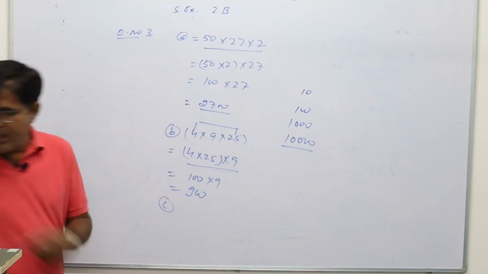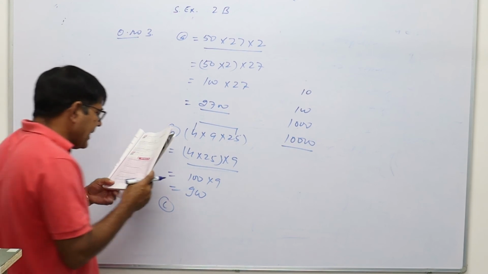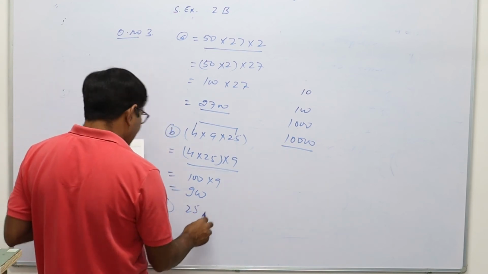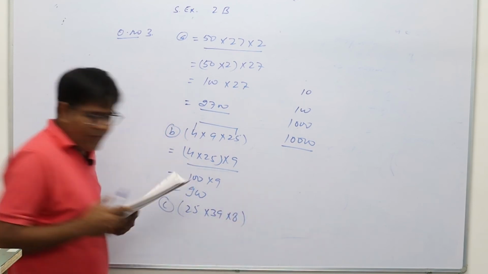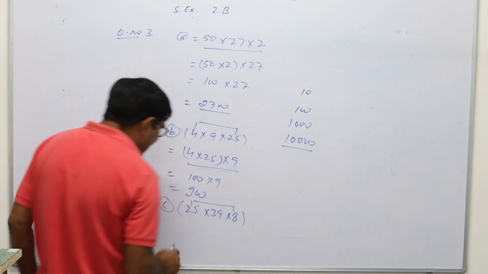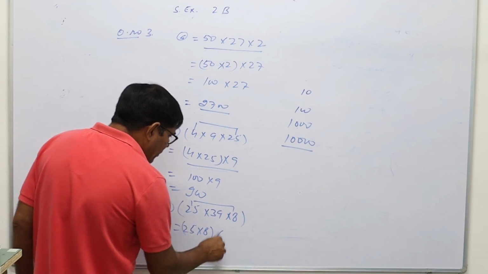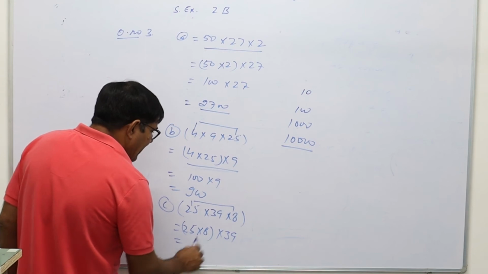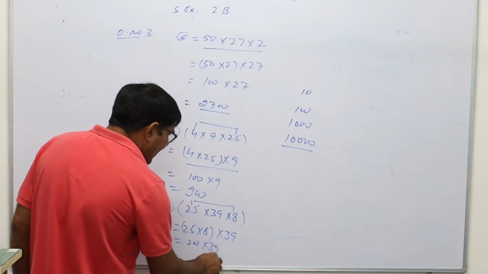Then next question. You have to use your mind a little so that our calculation becomes fast. So 25 into 39 into 8. How can we multiply? If I multiply 25 by 8 first, 25 into 8 into 39, then it can be written as 25 into 8, which is 200 into 39.